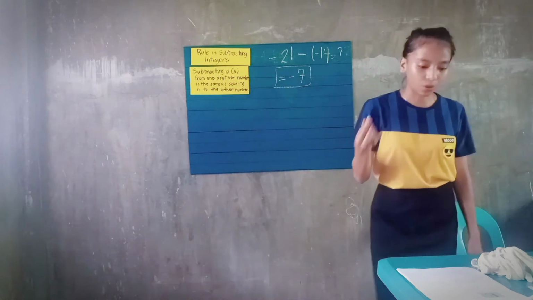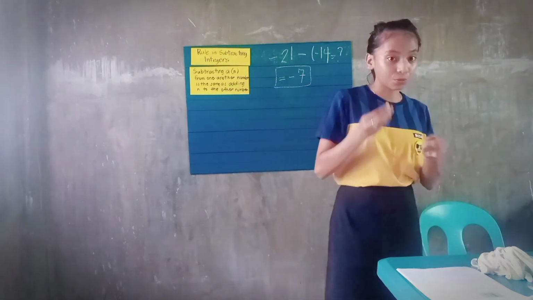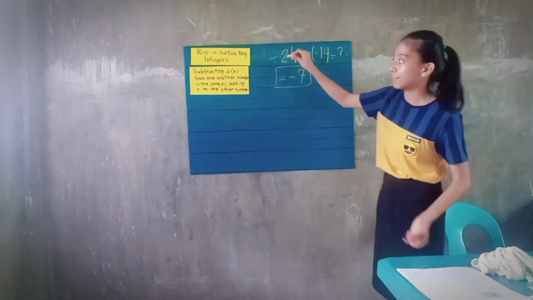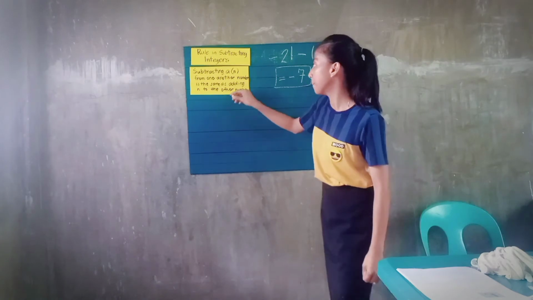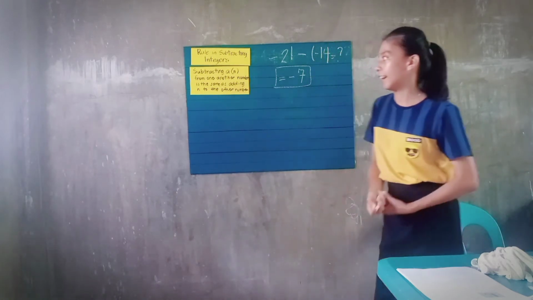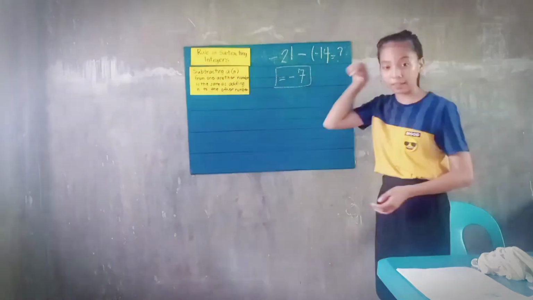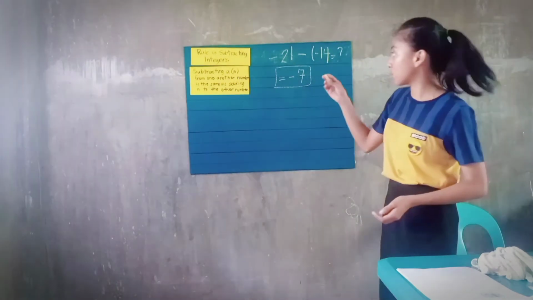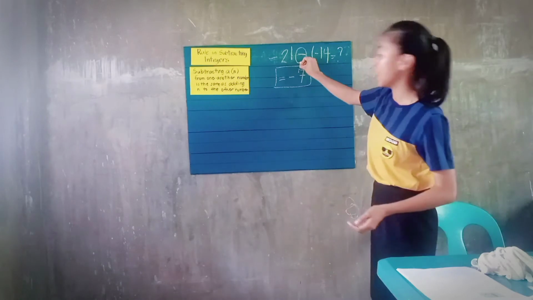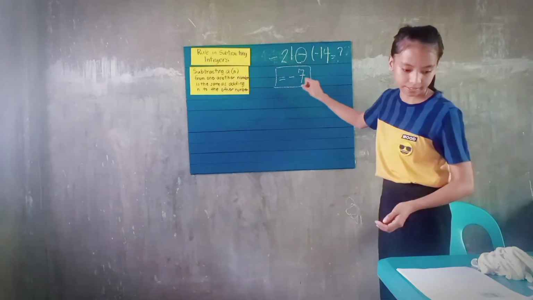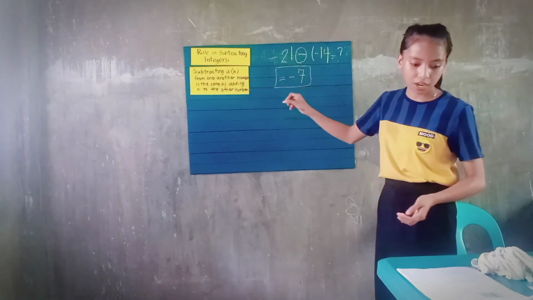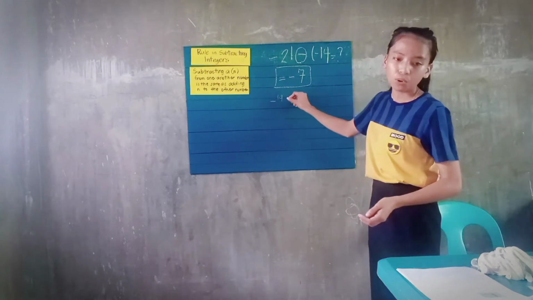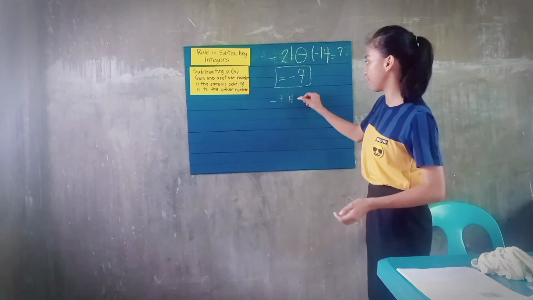Why? Many ask why. Because subtracting negative 14 from negative 21, the rule says, is the same as adding to the other number. We change the subtraction to addition. Then we change negative 14 to positive 14.